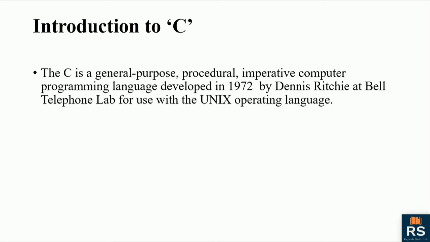So we can tell this particular C language was developed for a particular problem. So what is the problem? The problem is the development of the Unix operating system. To develop a particular operating system, Dennis Ritchie developed a computer language known as C.